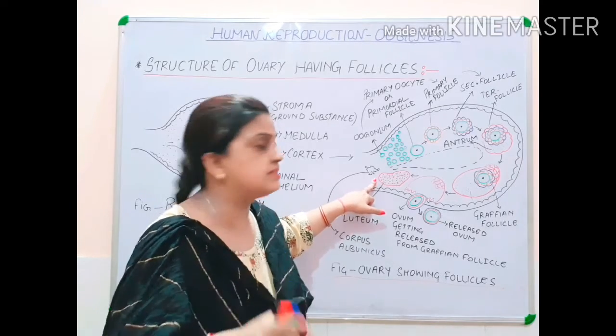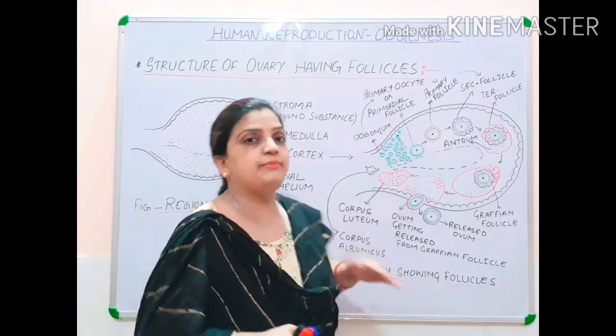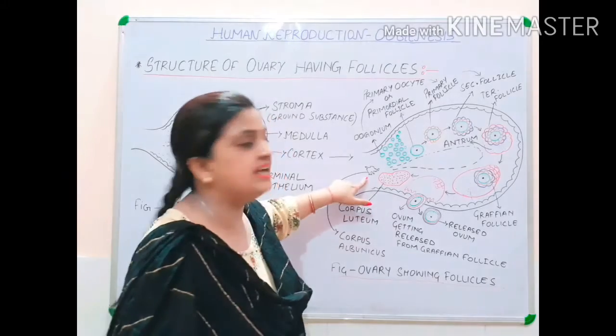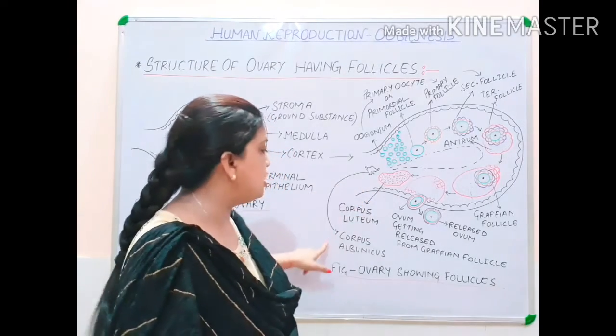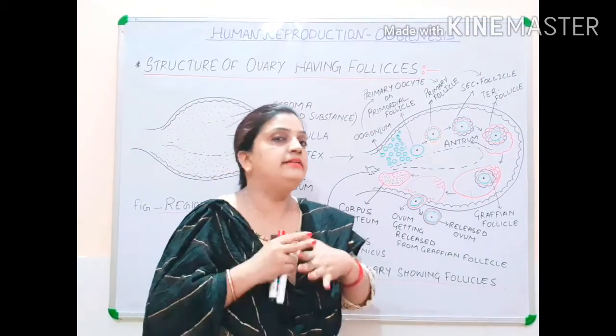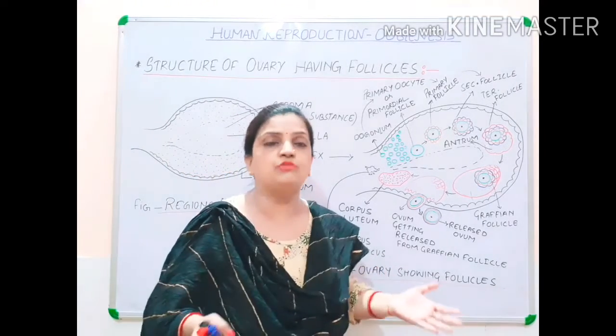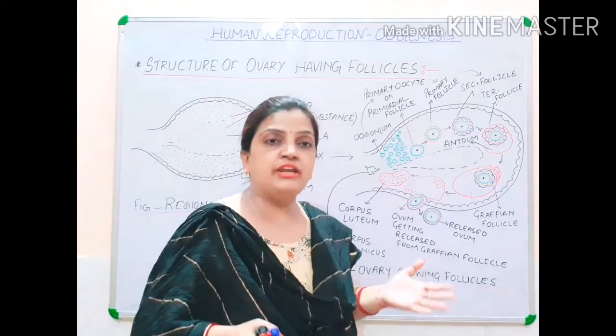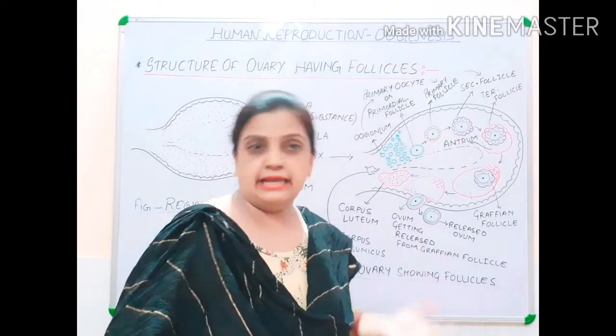But if pregnancy doesn't persist, then this corpus luteum will degenerate, and a white scar-like structure, corpus albicans, will be formed, and this will slowly degenerate. It will be released out from the body of the female through the menstrual cycle.